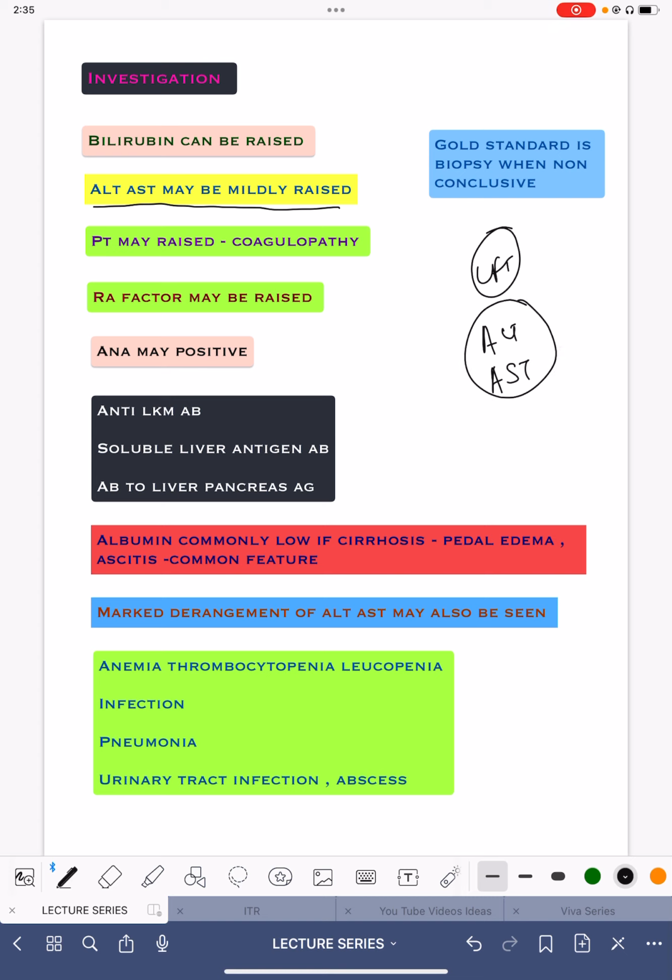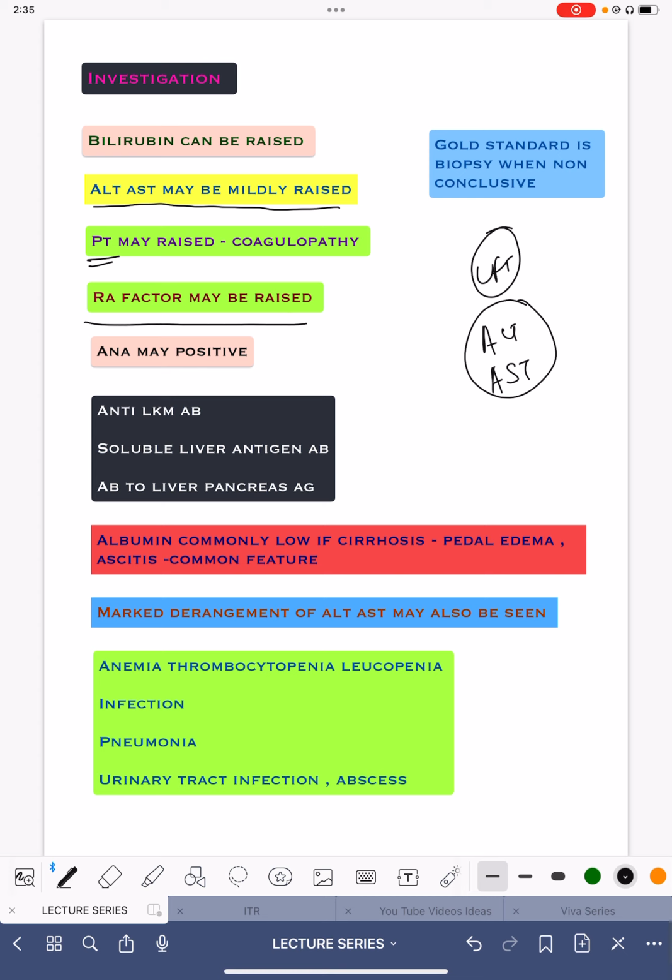But these are not usually more than 3 times. If there is sepsis, or hypotension, or any other cause, then bilirubin and ALT, AST can be much higher. If the patient has coagulopathy, then prothrombin time may be raised.